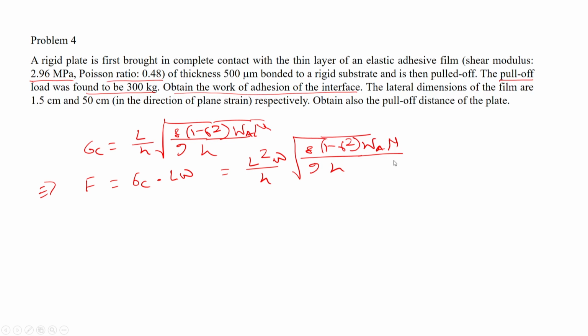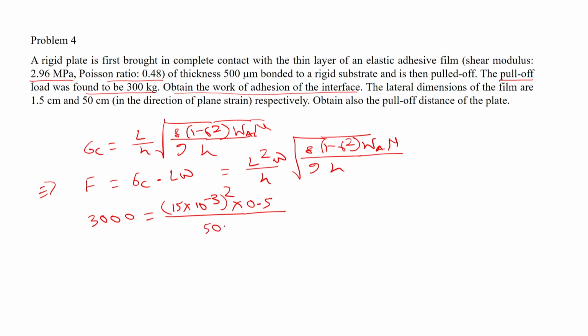So, now let me put it. 300 kg means 3000 Newton, and this is L, the lateral dimension of the film, which is 1.5 centimeter. So, 15 millimeter. So, 15 into 10 to the power minus 3, square, into W, which is 50 centimeter. So, let us say this is 0.5 meter, and thickness is 500 micron.